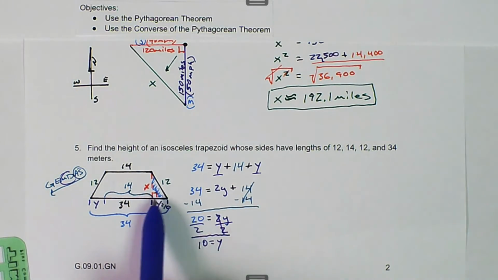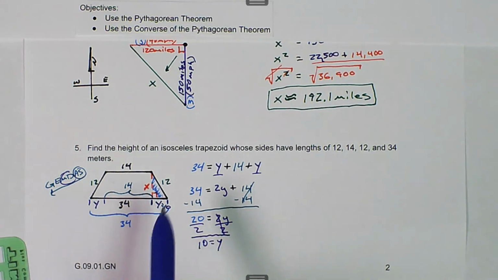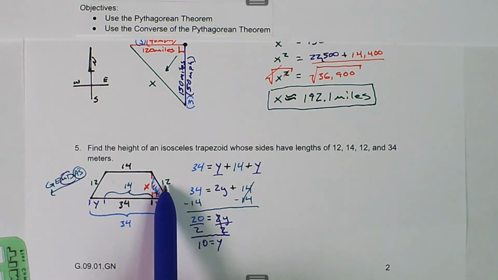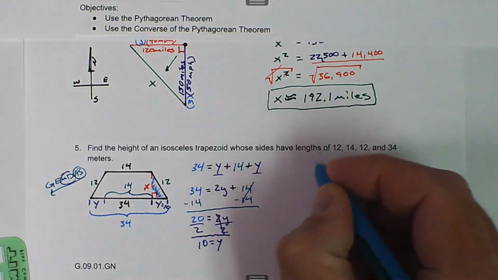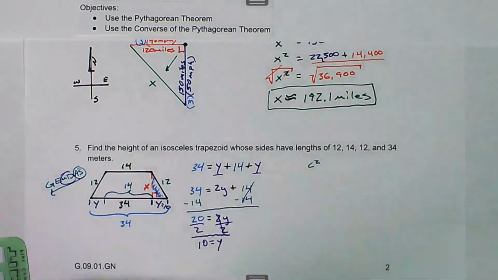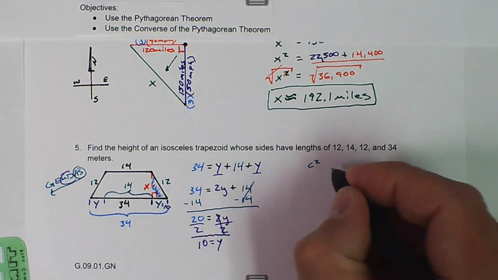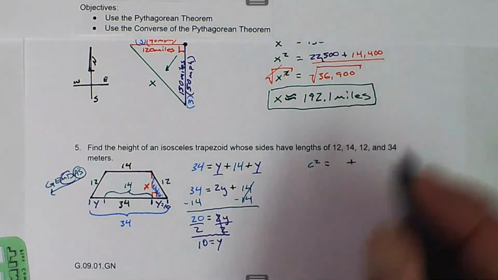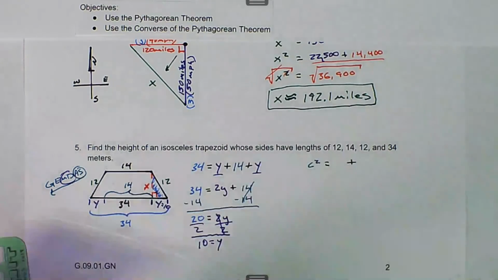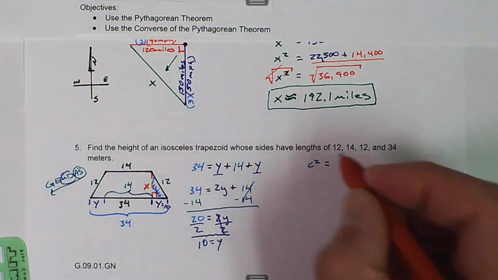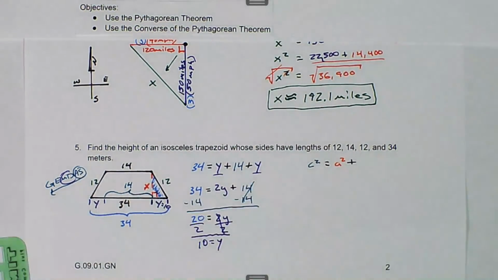So we have two sides of a right triangle. We have a leg, and then we have the hypotenuse. So the Pythagorean theorem says c squared is equal to the sum of the square of the other two sides. So that's going to be a squared plus b squared.